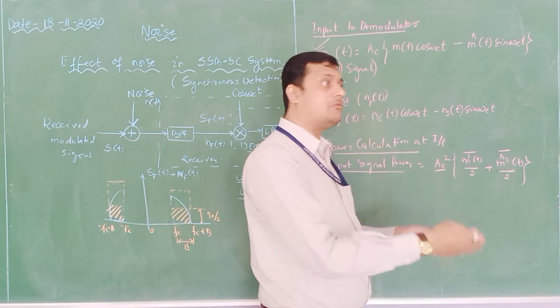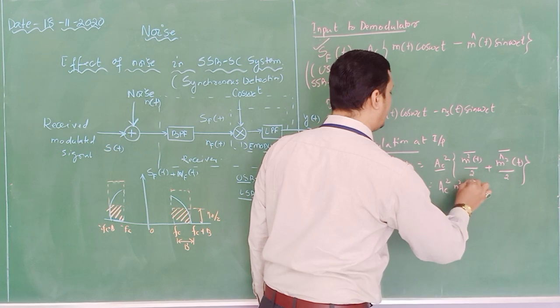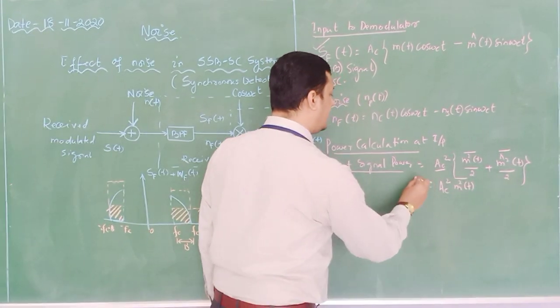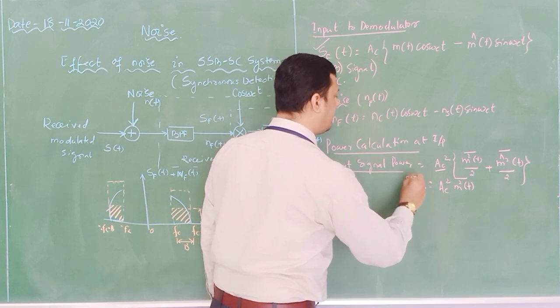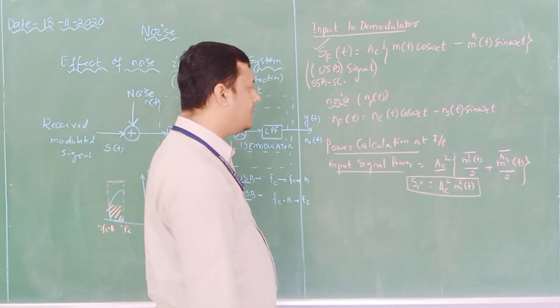So the resultant is AC square m square of t whole bar. This will be my input signal power, called SI, S suffix I.